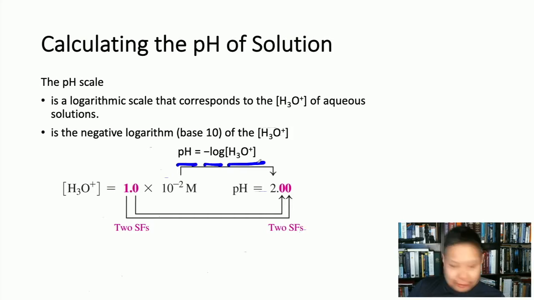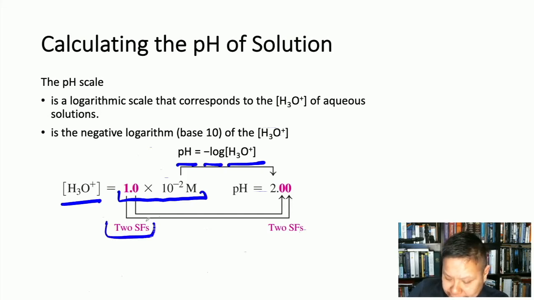If you have the hydronium ion concentration and it's 1.0 times 10 to the negative 2 molar, this little graphic down here is just showing you how we take into account our significant figures. 2 sig figs here, the 1 and the 0. So in the pH, the 2 sig figs are going to be the 2 places after the decimal point in the pH. So that's how we do that.